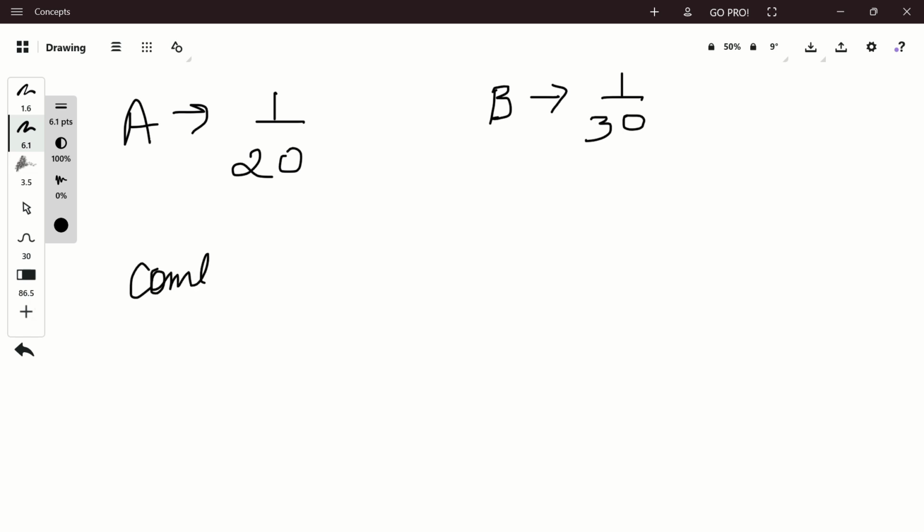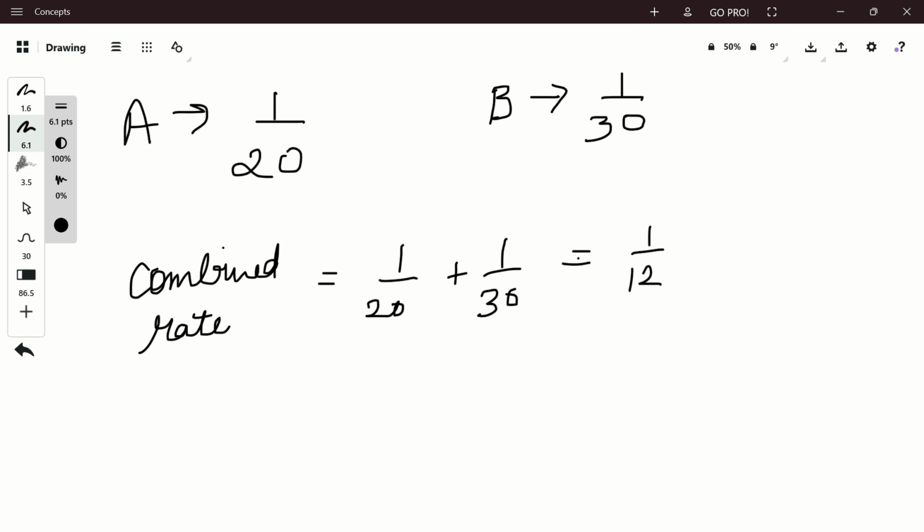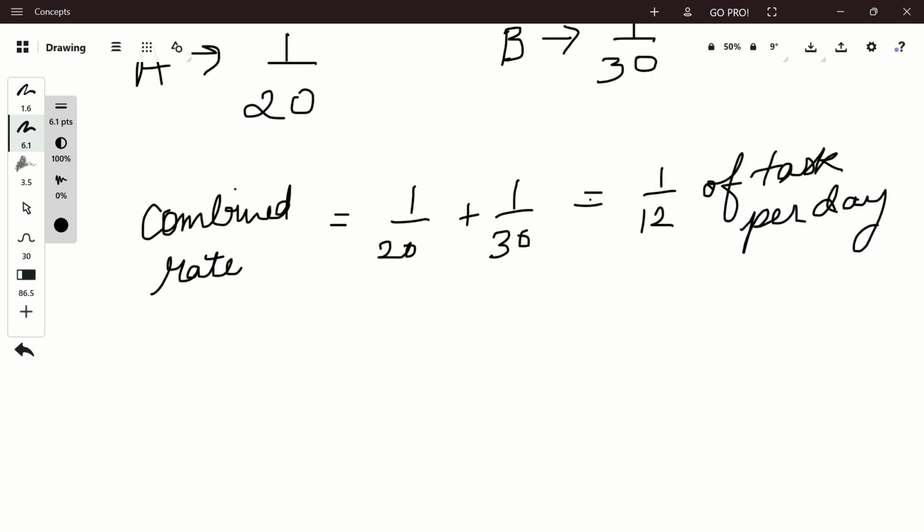That is, combined rate is equal to 1 upon 20 plus 1 upon 30, which is equal to 1/12 of task per day.